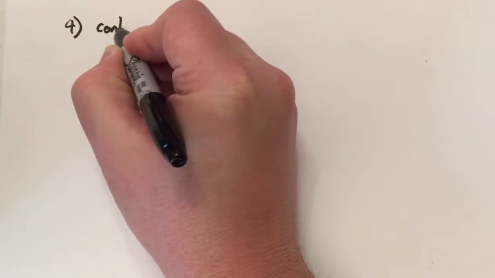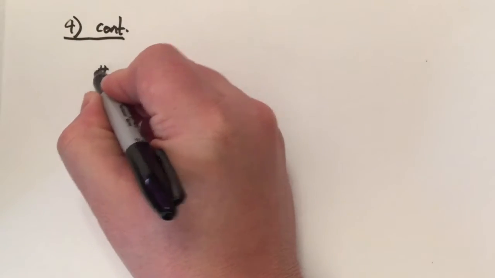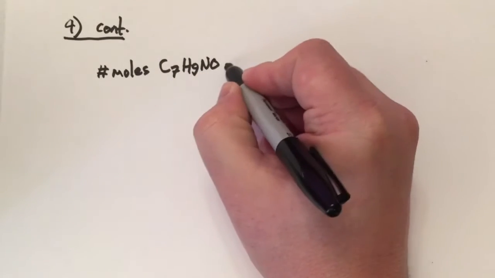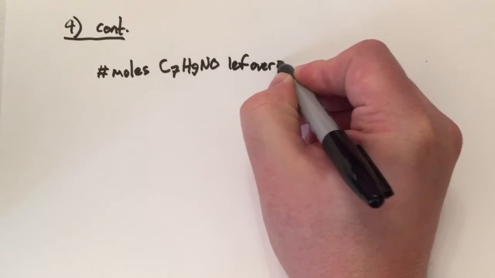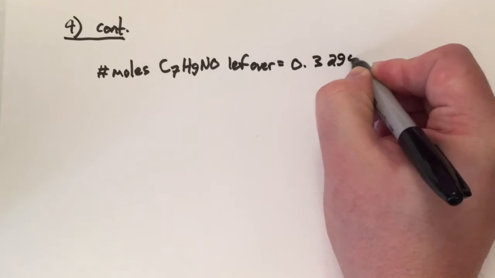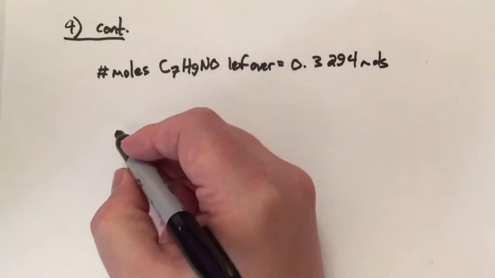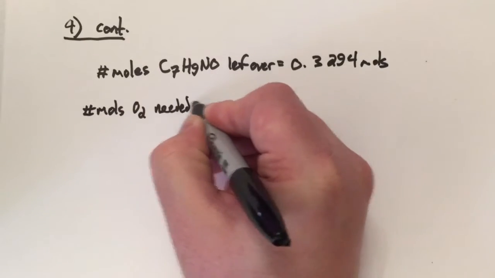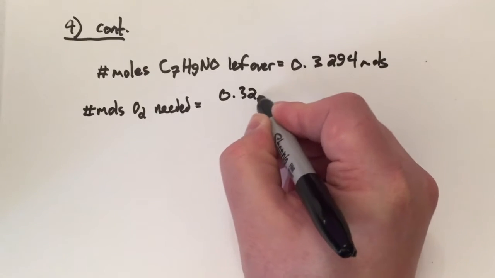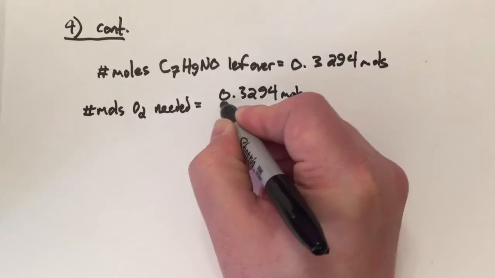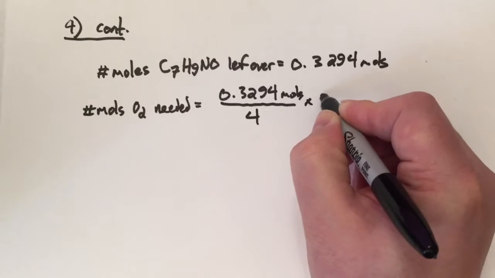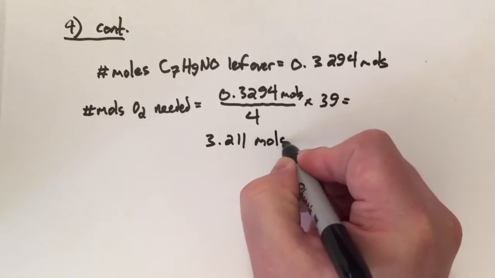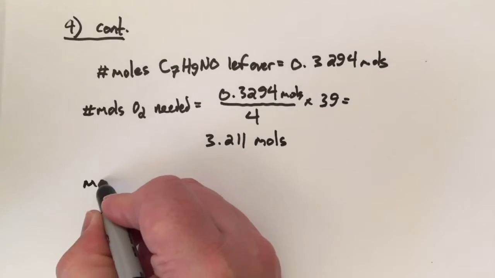Now going to continue this on a new sheet of paper. The number of moles that we have of C7H9NO to react with O2, that's the amount that's left over, is 0.3294 moles. The number of moles of O2 that we need to react with that is that amount divided by the stoichiometric coefficient of the carbon compound times the stoichiometric coefficient of O2, which is 3.211 moles.